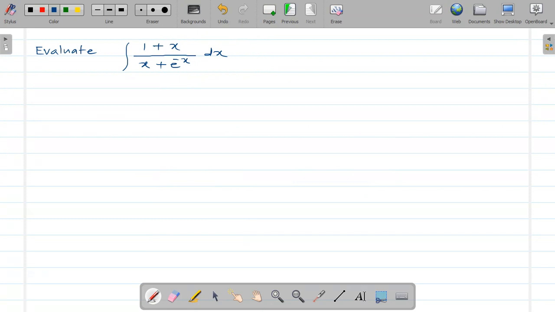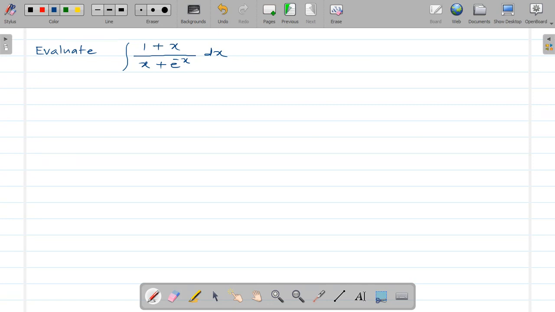Now see, evaluate the integration of (1 + x) upon (x + e^(-x)) dx. Now the substitution method is applicable whenever the function contains a term and its derivative. So you must observe f(x) and f'(x) in the given function, then only you can use the substitution method.